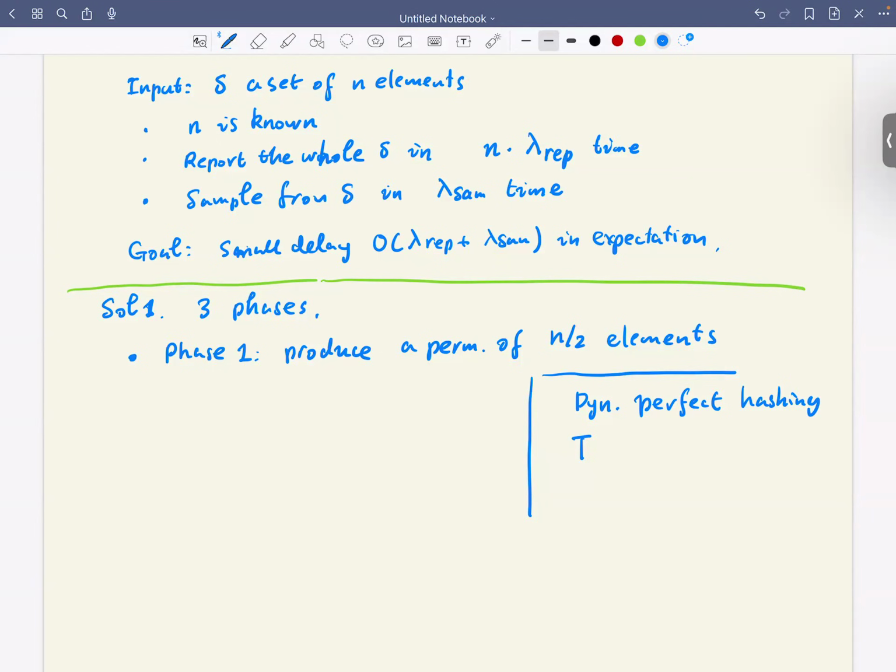Wrong. I can tell you now, this is something that will be very good to know. In computer science, nobody knows how to build a dynamic perfect hashing table that can support simultaneously insertions in constant time and lookup operations in constant time. One of them will have to be in expectation according to the state of the art. You see what I'm saying?